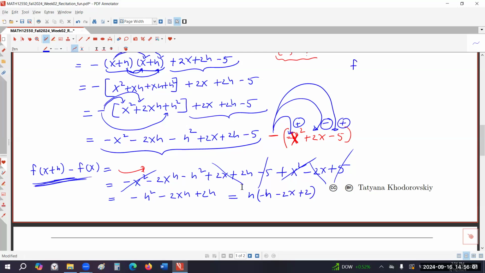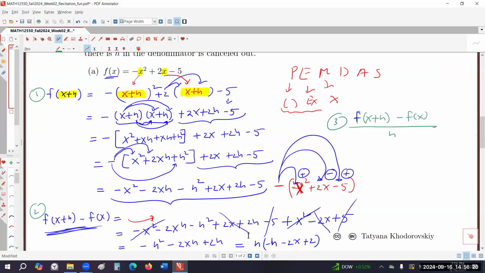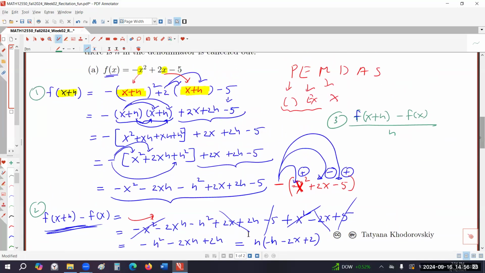Now the third step is whatever you found in the second step, divide that by h. So these are step 2, these are step 3, and that was our step 1. In the second step, we found the result is h times negative h minus 2x plus 2. We are dividing the result by h.